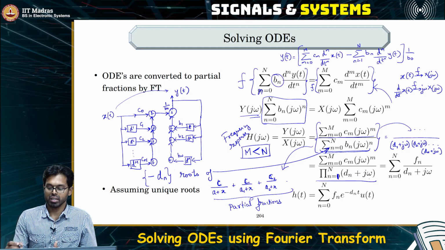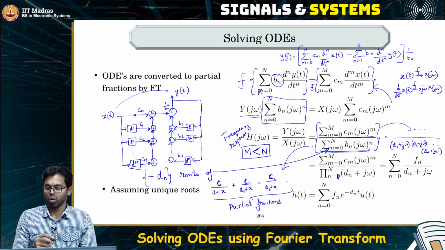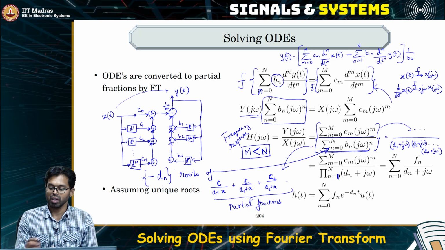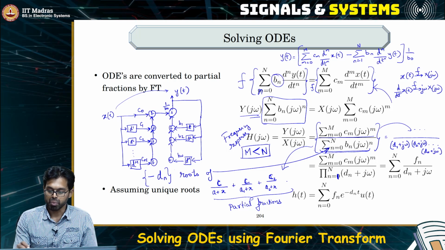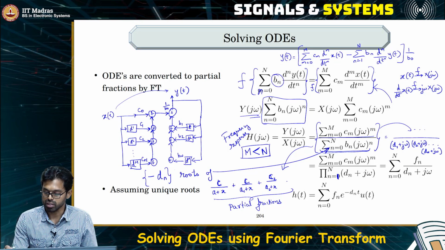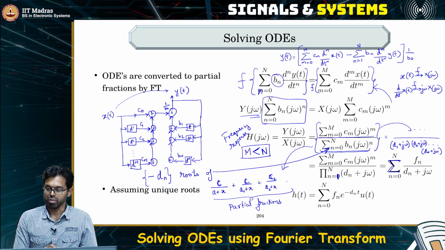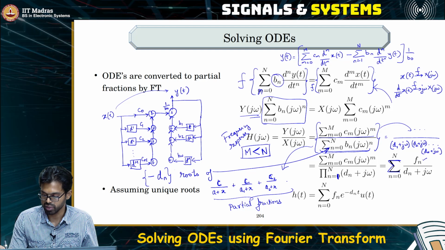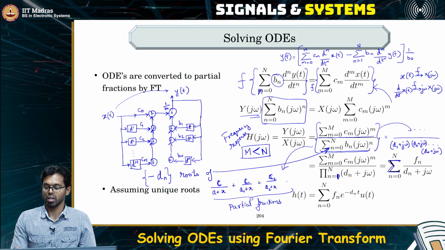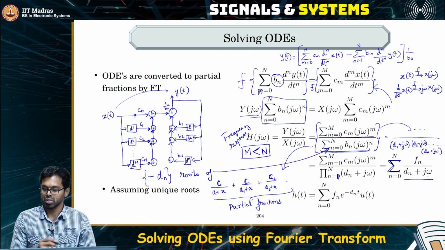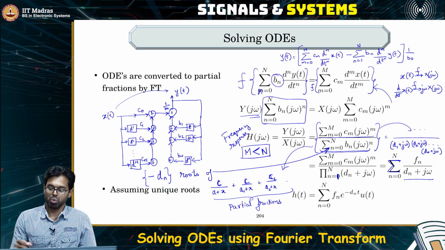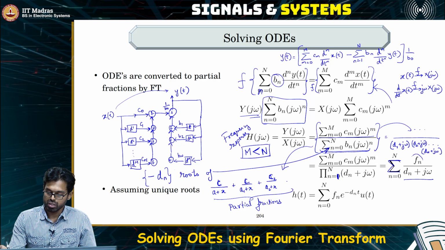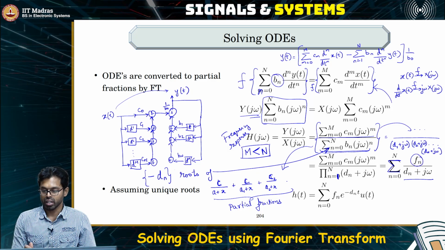Now, assuming that m is less than n, instead of the product, you can express this as a summation of some constant fn, which is a constant, over dn plus j omega. That's all. So how do you find these coefficients fn? That's the only thing remaining.